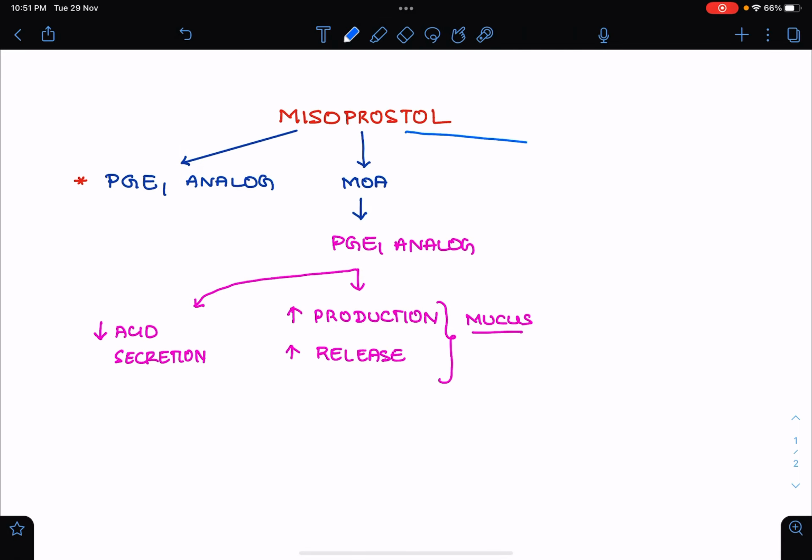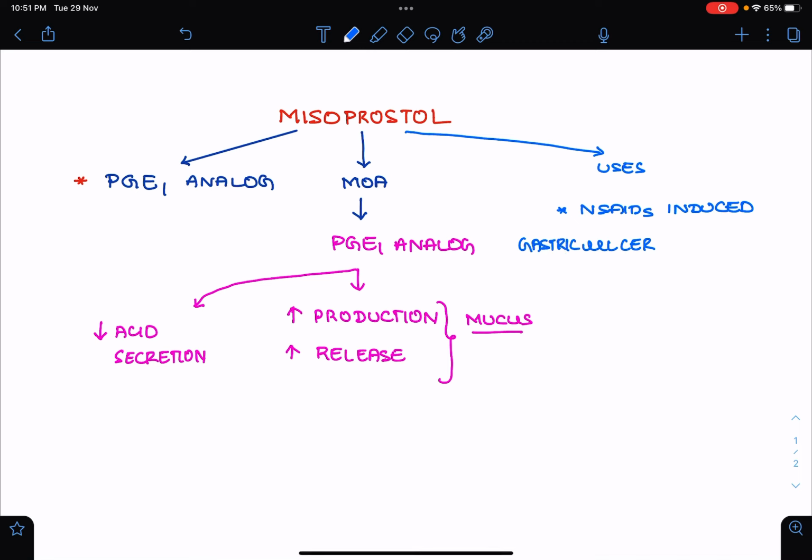So where do we use these drugs? We use misoprostol where it is NSAIDs, non-steroidal anti-inflammatory drug, induced ulcers. Which ulcers? It is gastric ulcers.